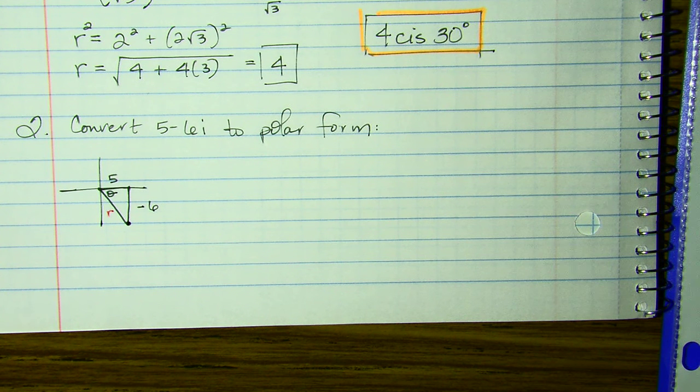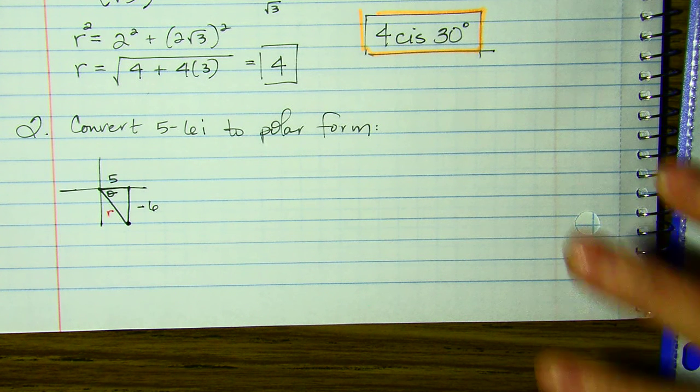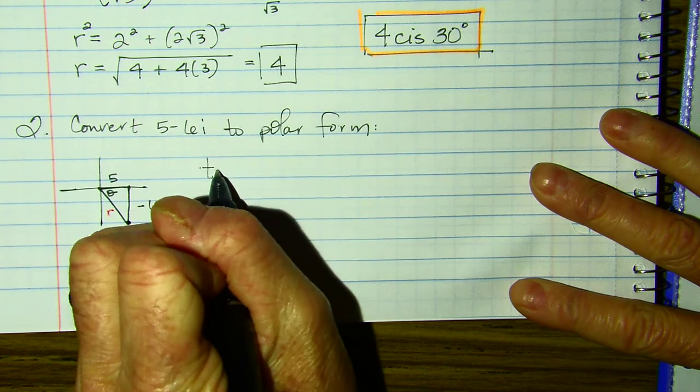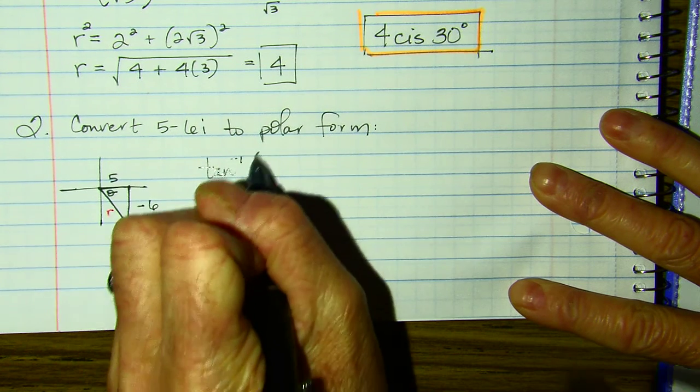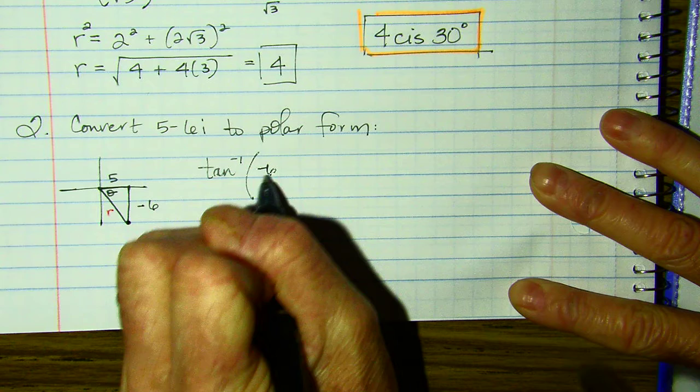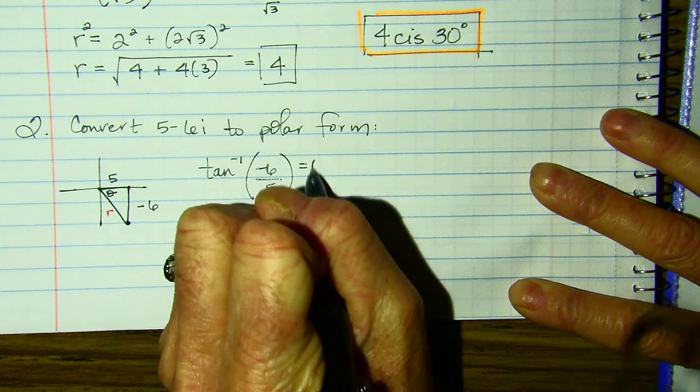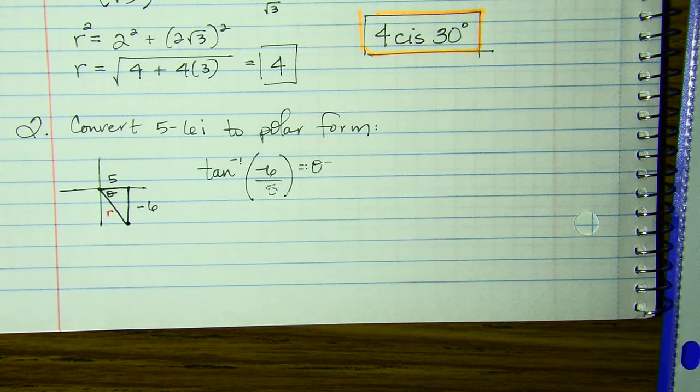So let's find both. Theta: the tangent inverse of negative 6 over 5 equals theta. Now this one, negative 6 over 5, is not part of our special right triangles. That's not in my 45, 45, 90. Those numbers are not in my 30, 60, 90.